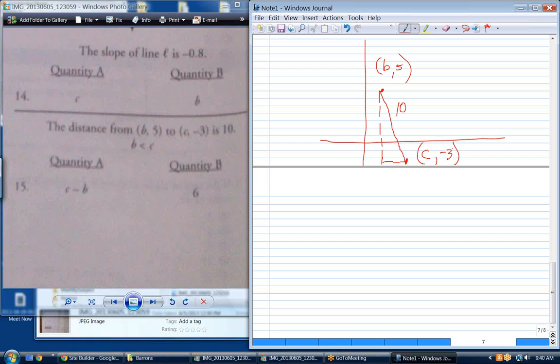In other words, this is 5 right here, and this is minus 3 right there. So 8. Okay, so if this dimension is 8, what is this lower dimension? 6.